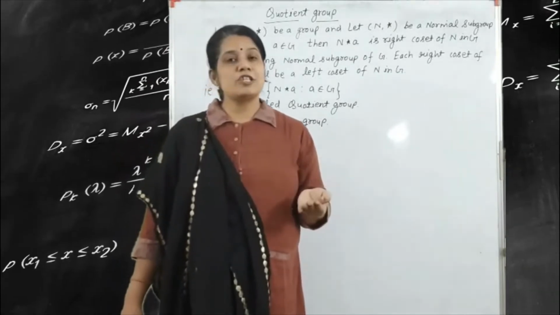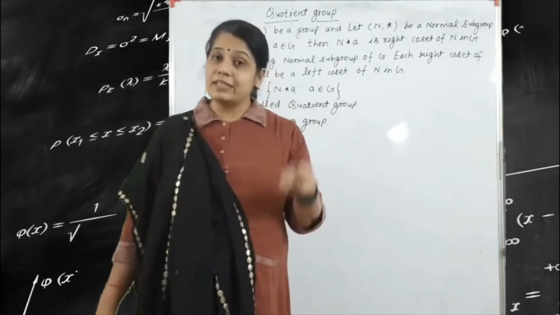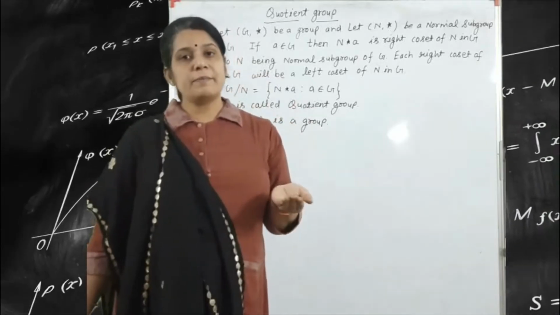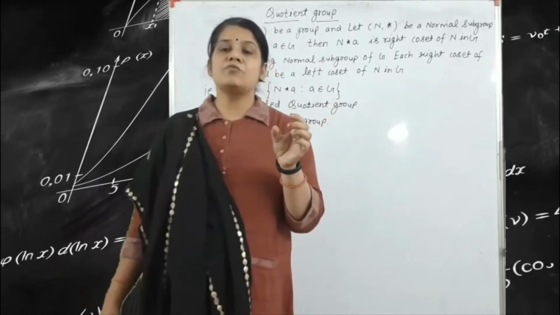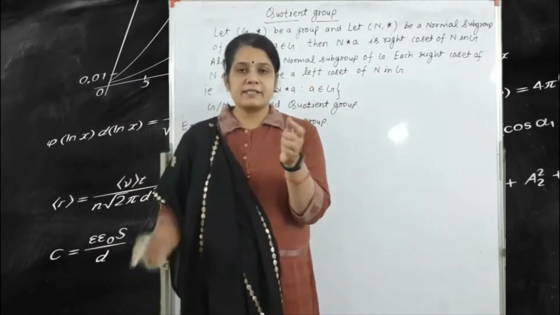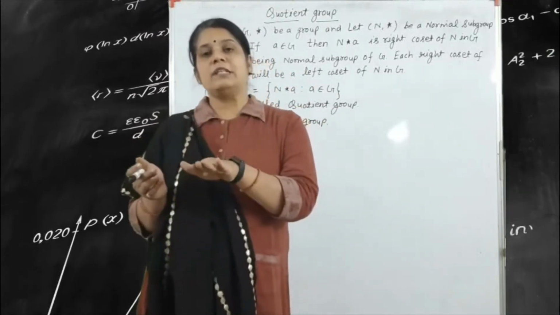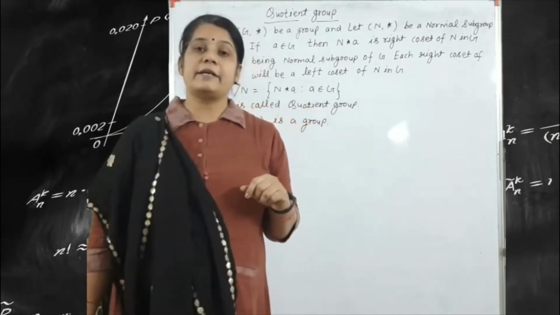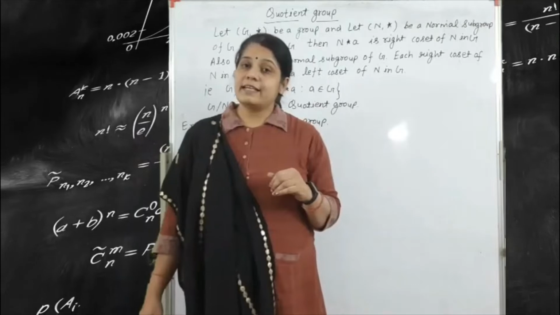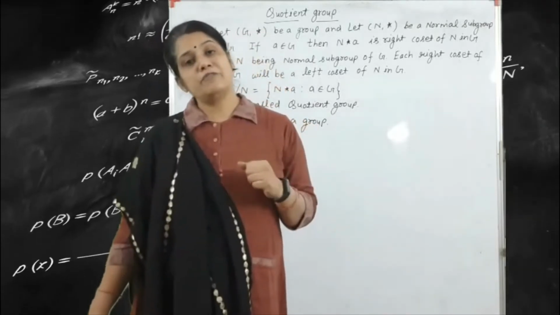Second is the associative property. We consider three elements belonging to G by N and find A star B star C, taking any two elements in brackets, and it equals the changed bracket. Third is the identity, that means E is the identity element, and fourth is the inverse property.